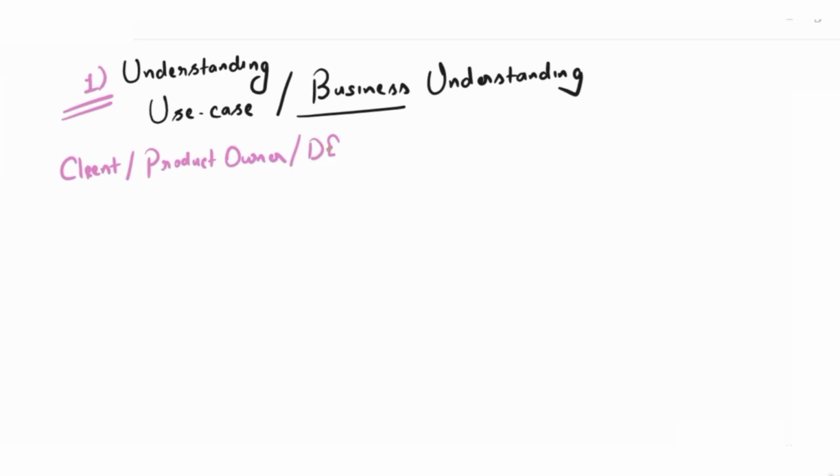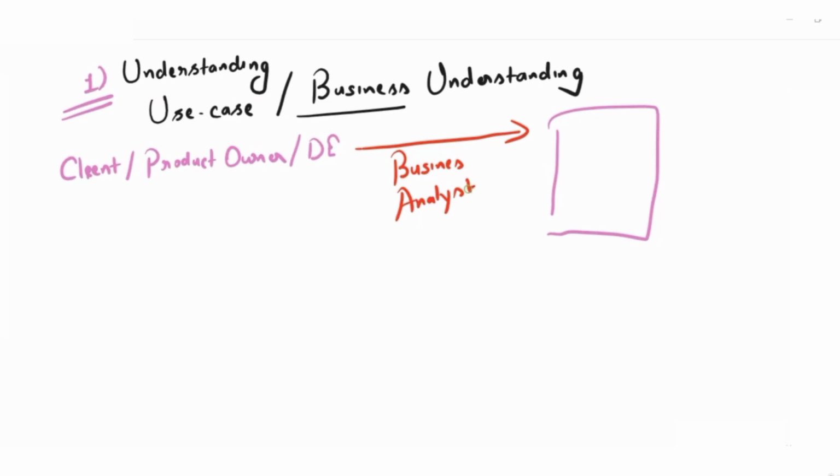So if a client, a product owner, or a domain expert comes up with a project, first and foremost, this product owner sits with someone known as a business analyst. He sits with the business analyst and has a conversation, and they try to write down all the requirements for the business or for the project they are solving. This is what typically happens in the very first stage.